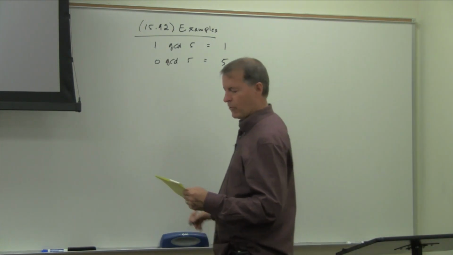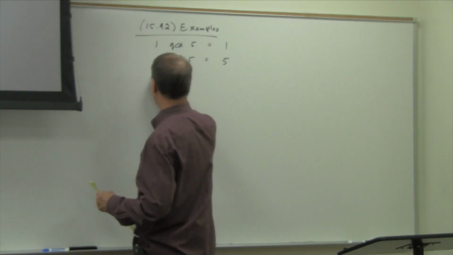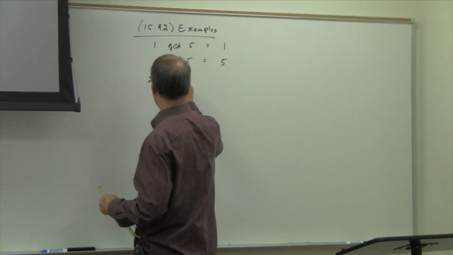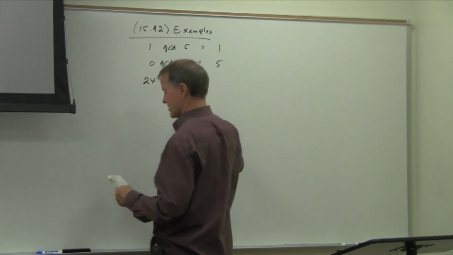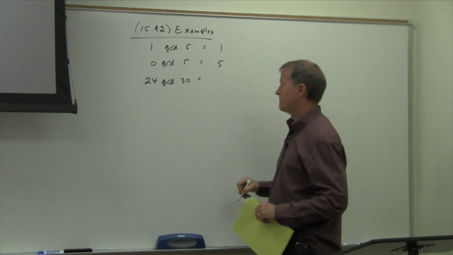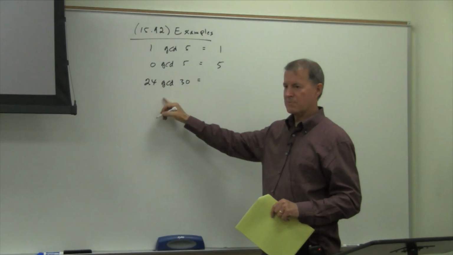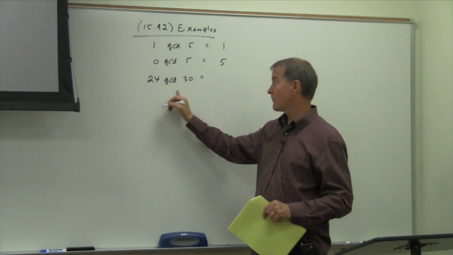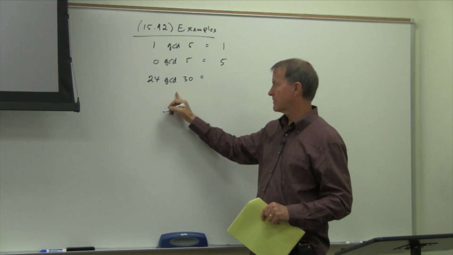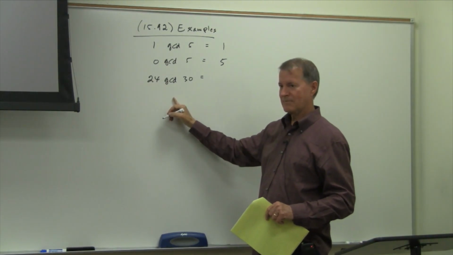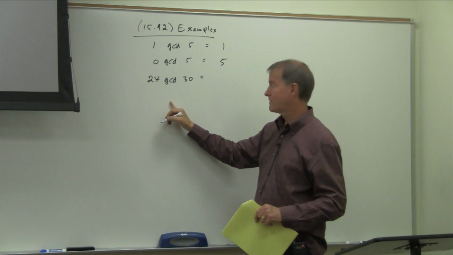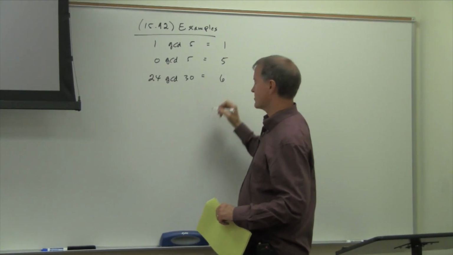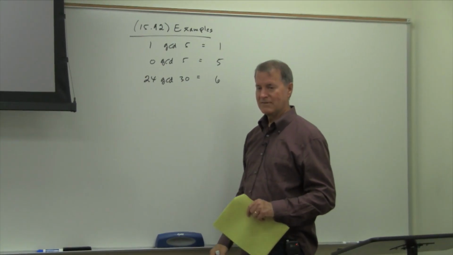And how about 24 GCD 30? It's the biggest number that divides both of them. Well, 1 divides both of them, 2 divides both of them, 3 divides both of them. Is 3 the biggest one? 6, you say, right? It's the greatest one.